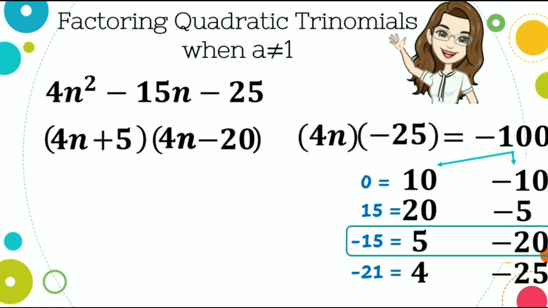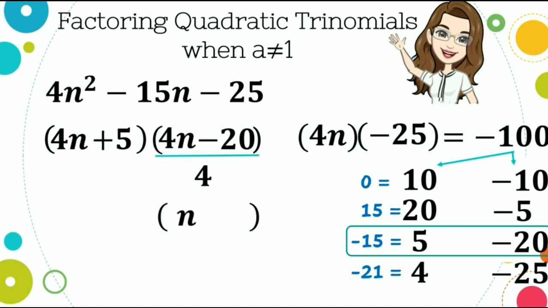Observe the binomials that we have. See if they have GCF in each quantity. The second quantity, 4n minus 20, has GCF of 4. So we divide 4n minus 20 by 4. 4n divided by 4 is n.